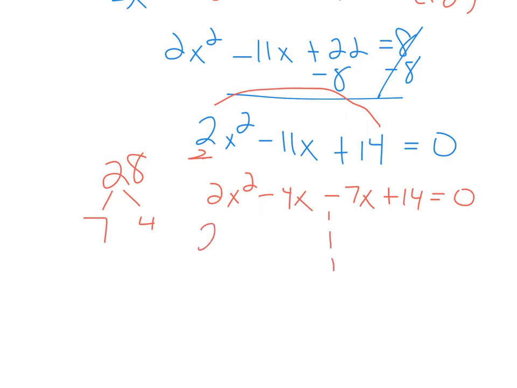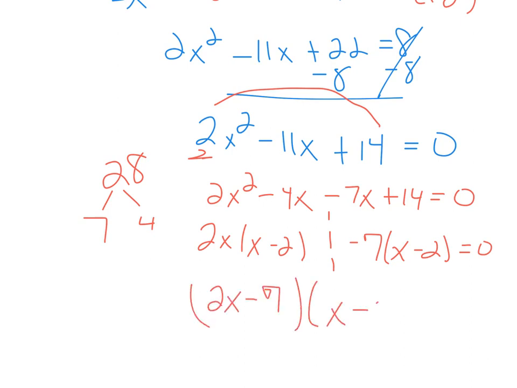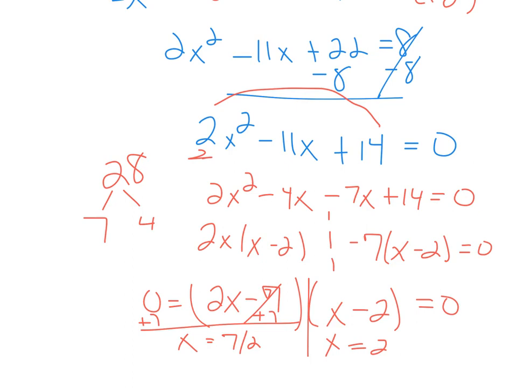And I'm going to take a GCF out here and get x minus 2. Take a negative 7 out of here, get x minus 2. I'll have 2x minus 7 and x minus 2. And I'll get x equals 2 and x equals 7 over 2. You get 7 over 2 because you add the 7 over and then you divide by 2.